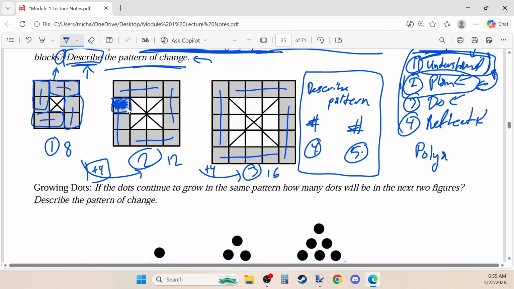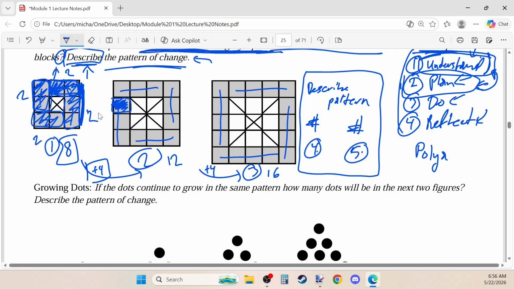So this here had 8 blocks. Each side was 3 long. I don't want to count any block twice, so I'm just starting at a corner, and I'm going almost to the other corner. That gives me 2 blocks in the group. And then the next corner gets the next block. That's 2 more in that group. So I have 4 groups of 2 blocks.